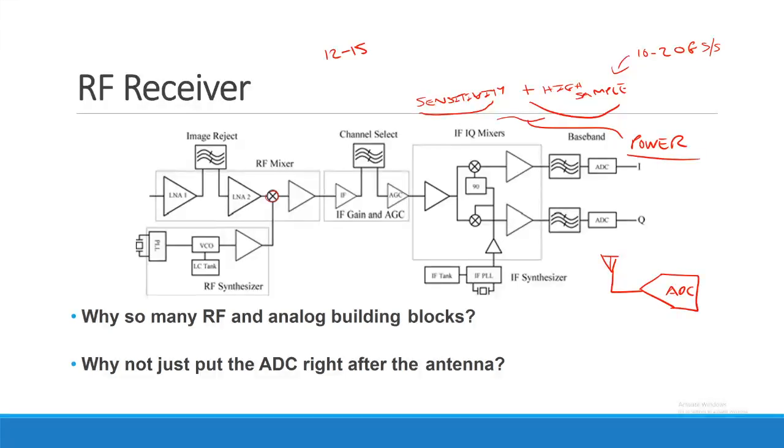By the way, notice this was 12 to 15 bits, because we'll talk a little bit more later: adding one more bit, unfortunately, is not just a factor of 2, but a factor of 4 in power. So you can calculate pretty quickly how much power you'd have to take if you really wanted to do what I said here. Now, that design that I talked about was relatively old, so there's maybe some scaling factors you can apply there, but bottom line, it's going to take you something like 10 watts or so.